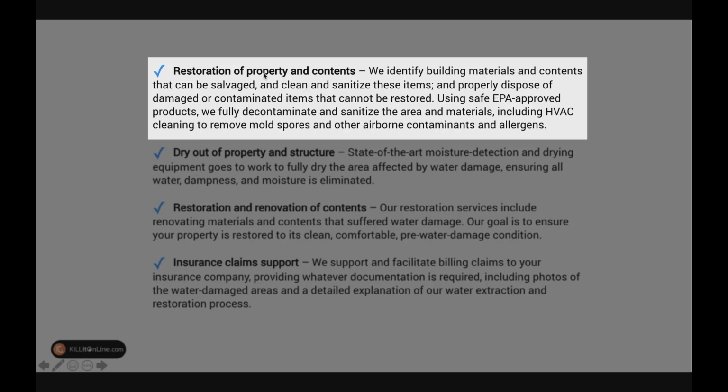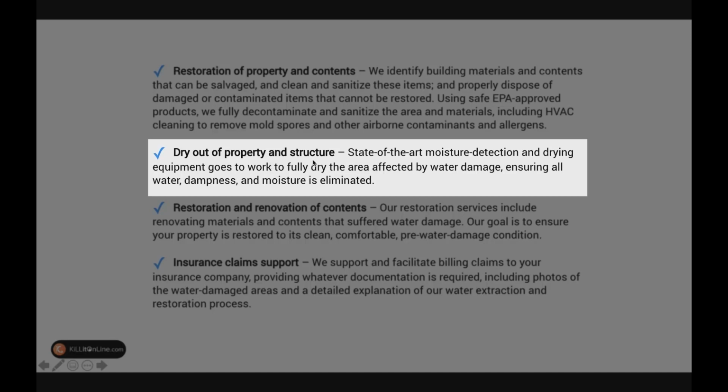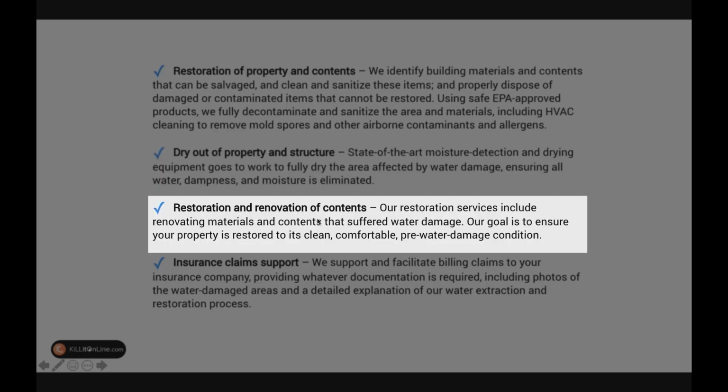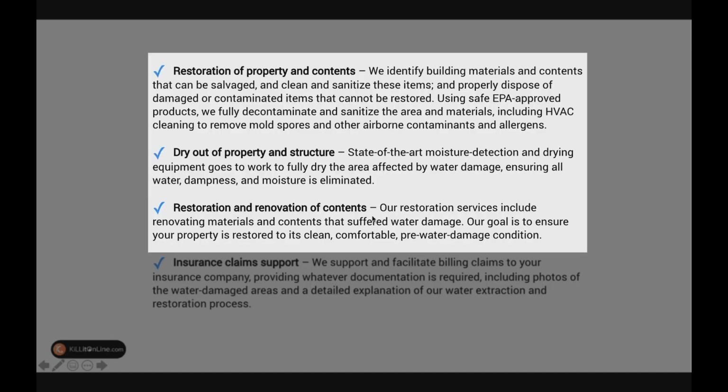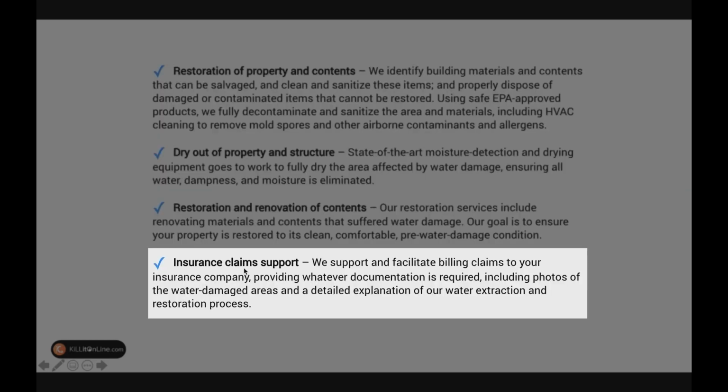So while people read these subheadings, this one talks about restoration of property and contents, dry out of property and structure, restoration and renovation of contents. So this is good enough for people to know that this particular company also provides restoration for contents, insurance claim support.